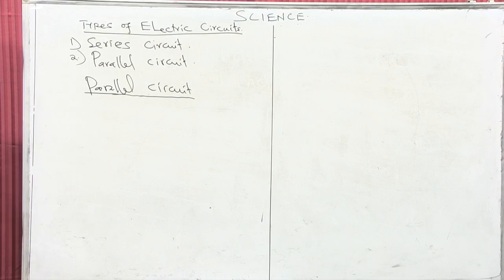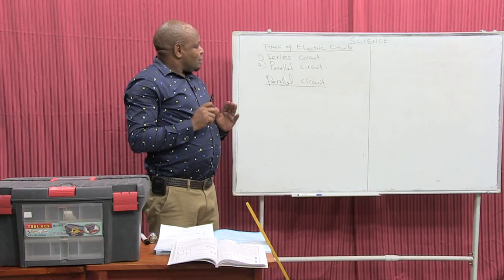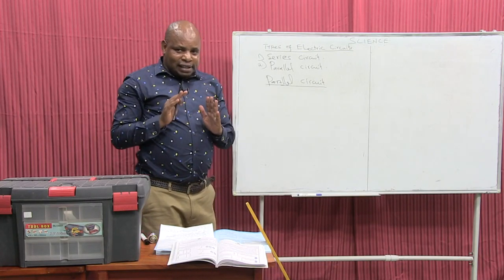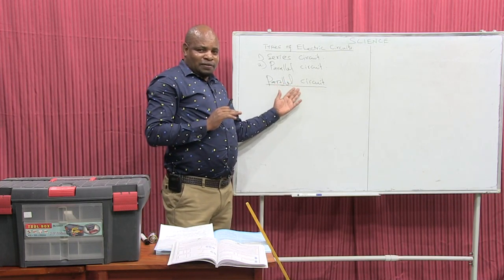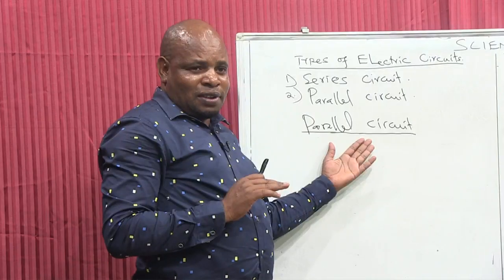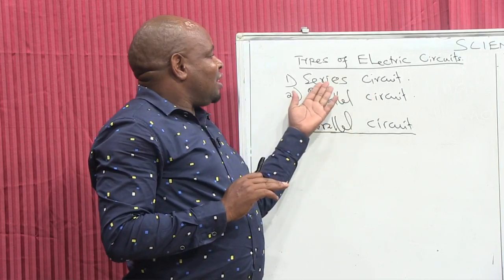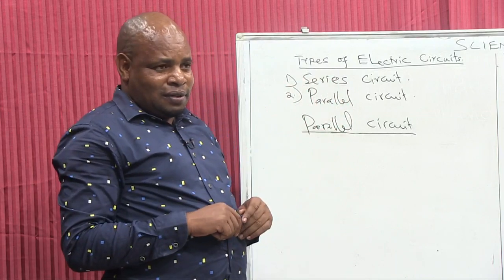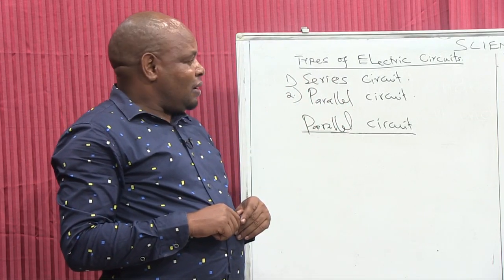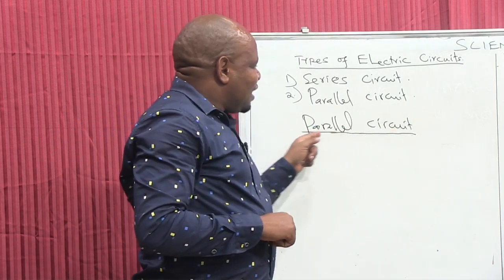If we have understood series circuits very well, this one is very easy. We said in a series circuit, the dry cells are connected positive to negative, positive to negative. But how does the connection in a parallel circuit look like?